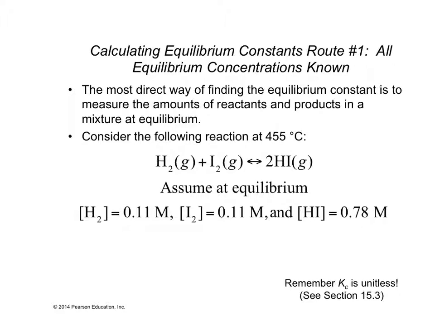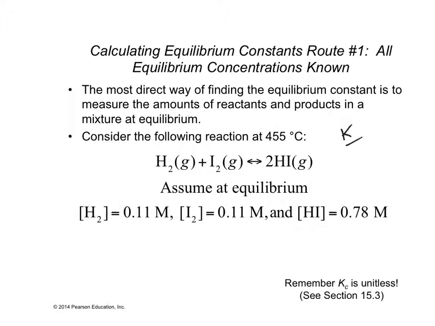A K that's less than 1 tells us that reactants are going to predominate at equilibrium. Now we're going to talk about how we actually determine the numerical value for K. I'm going to present you 2 different routes to do this. The first one's going to be the easy one, and the second one's going to be a little bit harder.